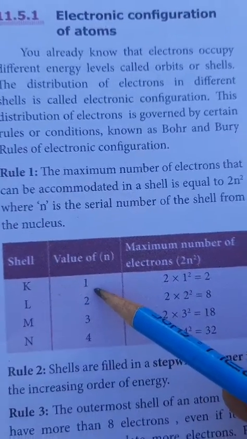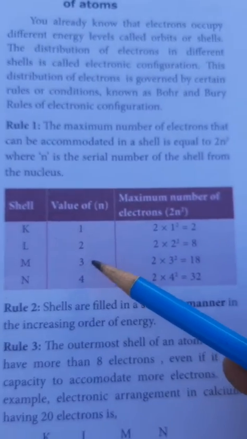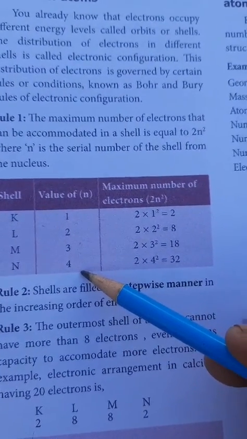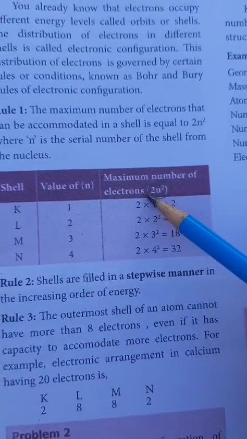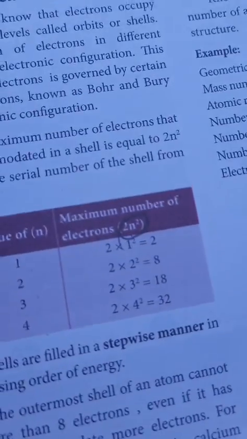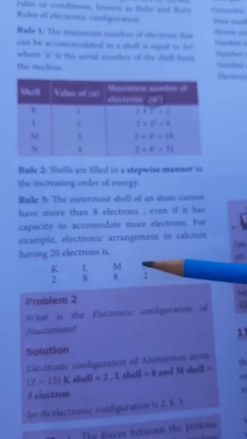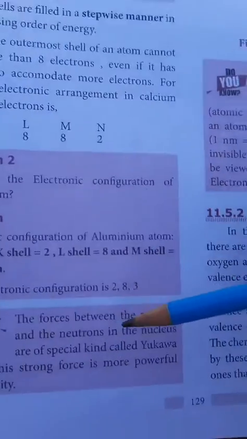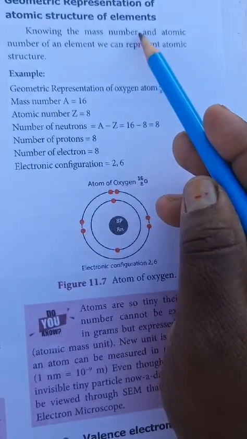K shell has n equal to 1, so the maximum is 2 into 1 squared, which is 2. L shell 2, M shell 3, N shell 4. Apply 2n squared to find the maximum number of electrons in K, L, M and N shells.